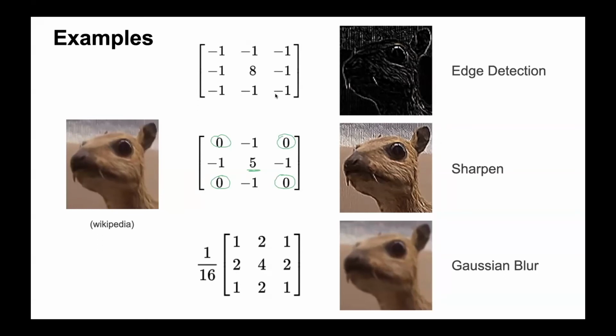Similar idea for blurring, where you weight elements around the central part roughly the same as the central part, taking combinations of all of these things and then summing them up.